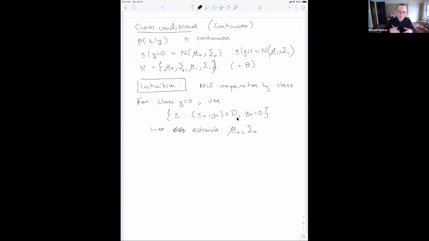This is trying to capture the description of the cat as a multivariate Gaussian, and you would estimate these parameters. Then you do the same thing for class 1: you just use the part of the data that is labeled as 1, and you estimate the parameters.